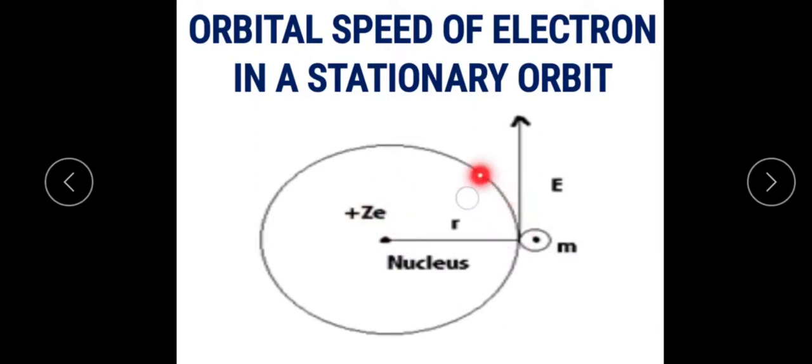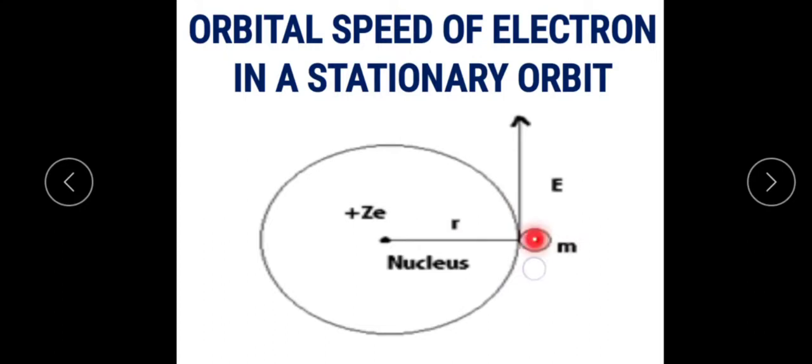Since the electron is revolving around the nucleus, there should definitely be a centripetal force. That centripetal force is provided by the electrostatic force of attraction between the positively charged nucleus and the negatively charged electron.